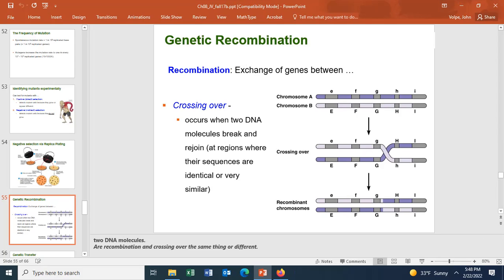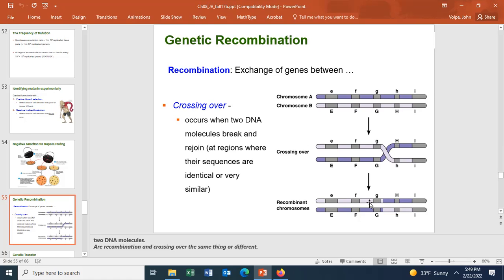However, it reassorts the genes. For example, we have all of the capital alleles, like capital H, capital I, with the capital G. Well, after crossing over, the capital H will now be with the lowercase g, and that shuffles the DNA in a population. Any question about any of that?